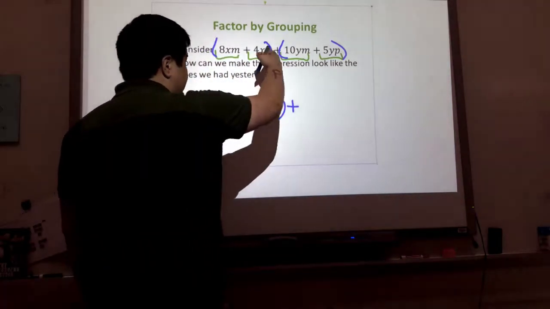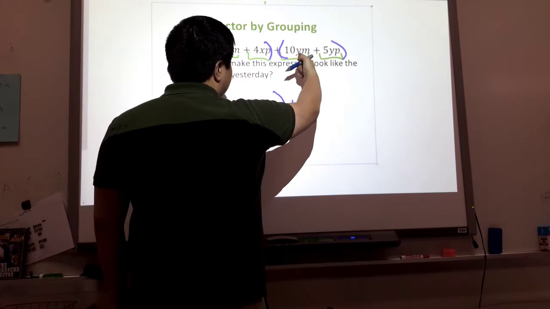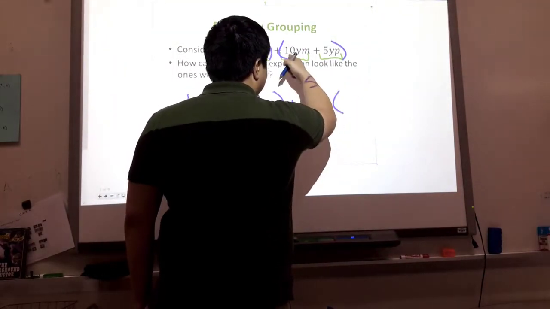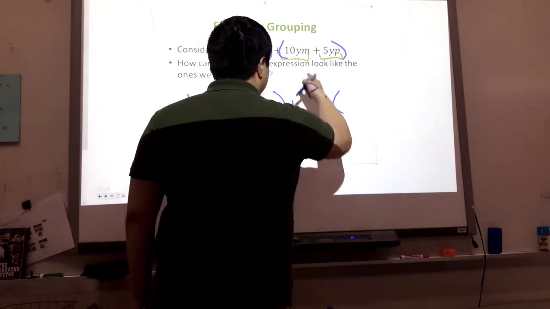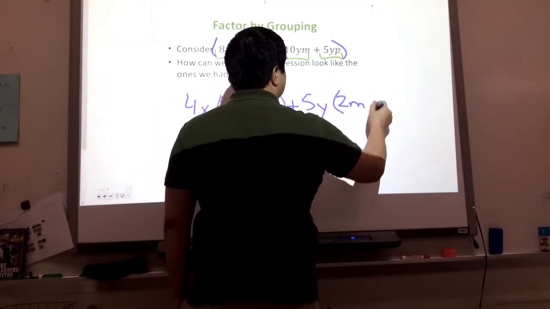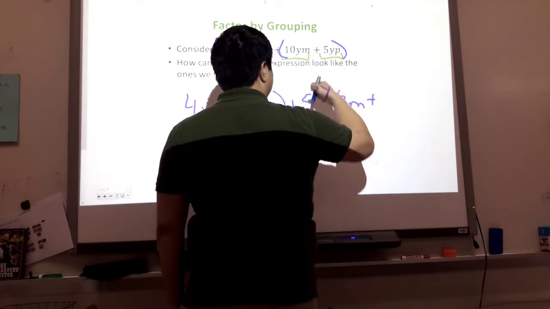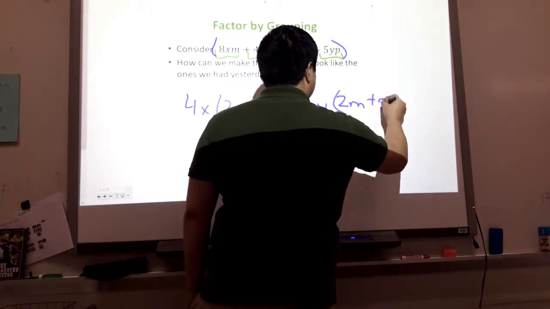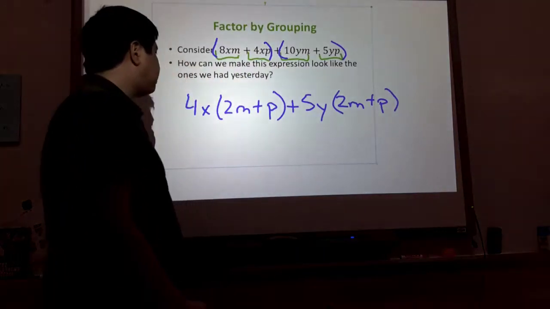Bring down the addition sign. Here we can factor out a 5y, and that leaves us with 10 divided by 5 is 2. We're left with m, so 2m plus 5 divided by 5 is 1, y divided by y is 1, we're left with p, 2m plus p.